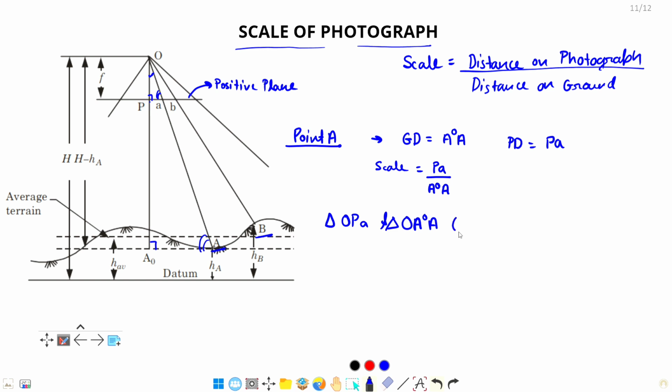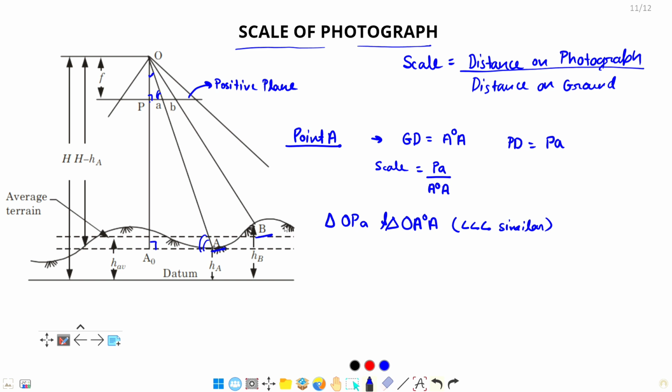So by angle similarity, these two triangles are similar. If you don't know what similarity is, if three properties of any two triangles match, then the triangles are called similar, and the ratio of their corresponding sides equals the ratio of the other corresponding sides.